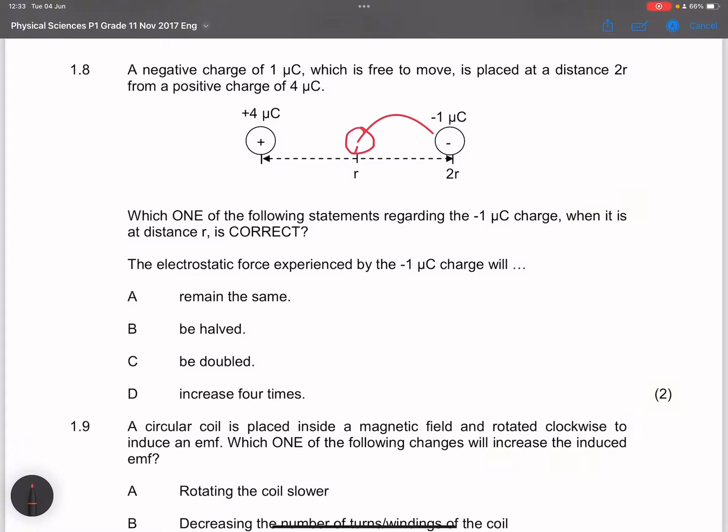Okay, so now they say to us the electrostatic force experienced by the 1 microcoulomb charge will, okay, it should increase, right? Now note that you have halved the distance. So if I halve the distance, the force will actually increase 4 times. It will quadruple, right? So in this case, this is going to be increase 4 times.